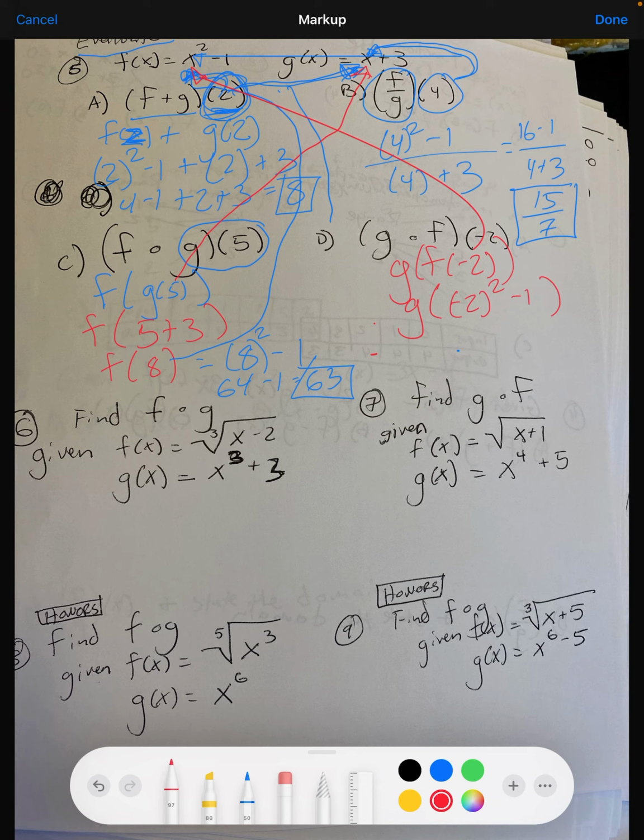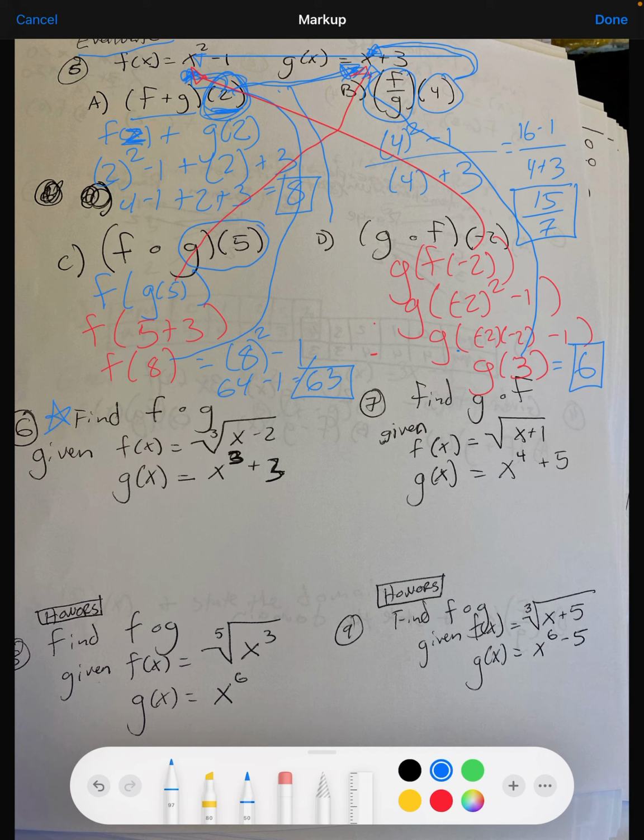Remember, that's negative 2 times negative 2, minus 1. So g with 4 minus 1, which is 3. So when I evaluate with 3 as my input for g, that's 3 plus 3. It's going to give me 6. Okay, I know it's getting crazy with all the lines there, but hopefully you're following along.